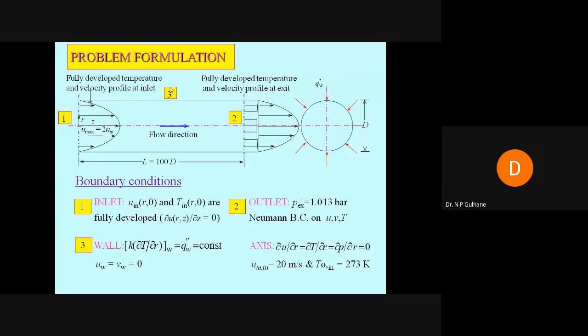It is because of radial conduction, and that is why if you apply Fourier law of heat conduction, that is K gradient in temperature del T by del R at wall. So this is the Fourier conduction for constant area. If I write K del T by del R at wall, that will be equal to the amount of heat you are supplying, that is Q double prime W. So that will be constant. So here U at wall, V at wall, that will be 0 in this condition.